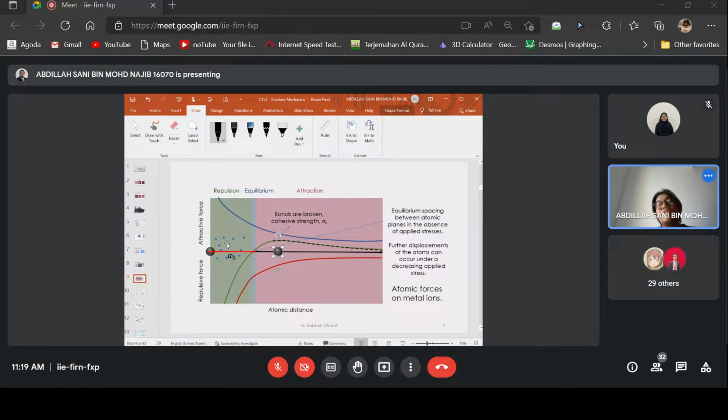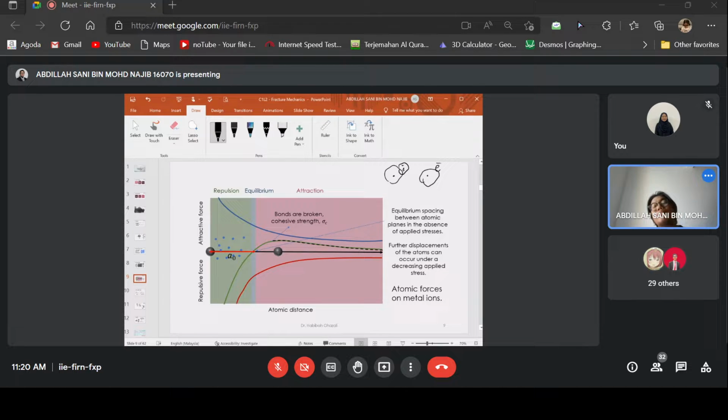Okay, they have their electron cloud, so they cannot become one. There are some limitations. Because this is negatively charged, you cannot come that near, right? Because they have the same charge, so it will repulse.